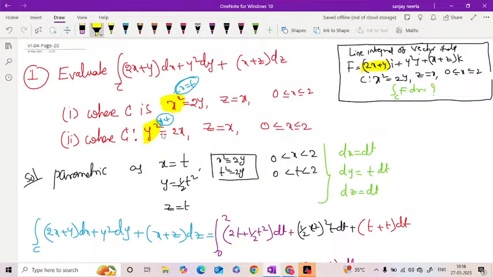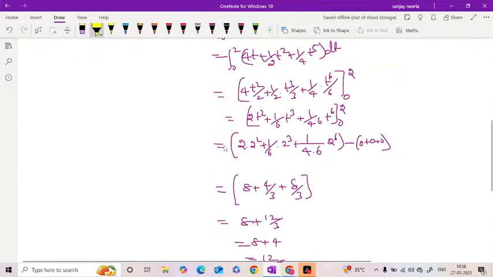In the second problem, y square is equal to x, so assume y is equal to t, then x is equal to 1 by 2 t square, and z also 1 by 2 t square, and t is between 0 to 2 only.